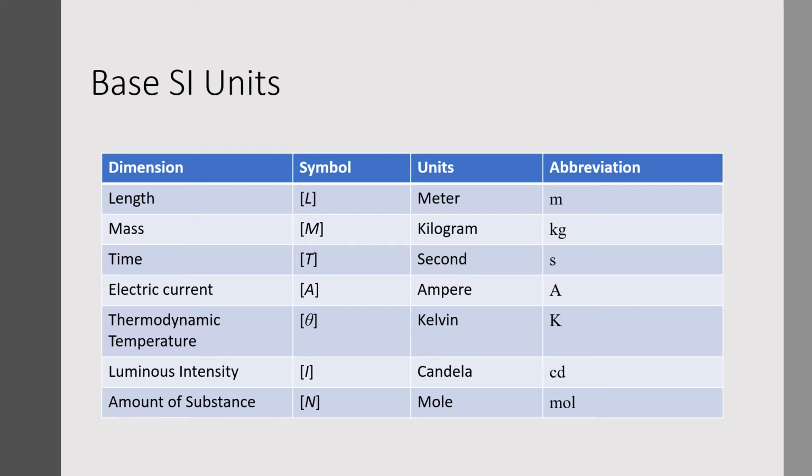You can see the abbreviations here on the right-hand side: m for meters, kg for kilograms, s for seconds, A for amperes, K for Kelvin. We'll talk more about that. cd for candela, which is essentially how intense light is, and mol for moles, which is the amount of a substance. If you had chemistry, you're probably familiar with that quantity.